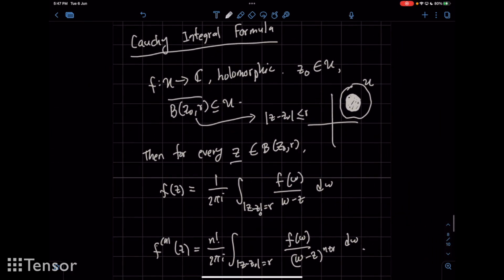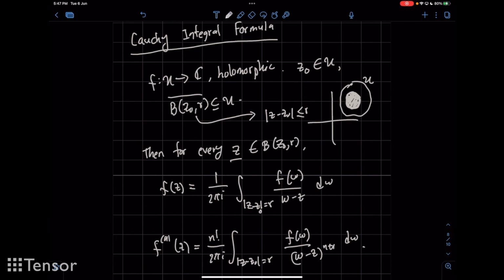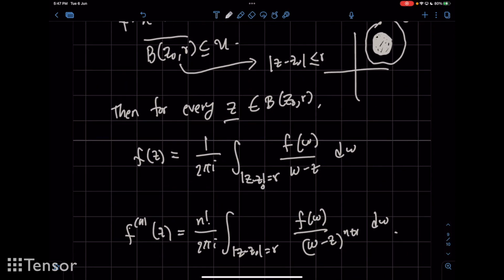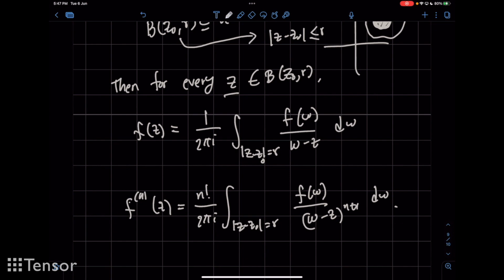So these two are my Cauchy integral formulas. You can see that from the second one, the first one follows immediately if we choose n equal to 0. Then n factorial becomes 1, and w minus z to the power n plus 1 becomes w minus z to the power 1.